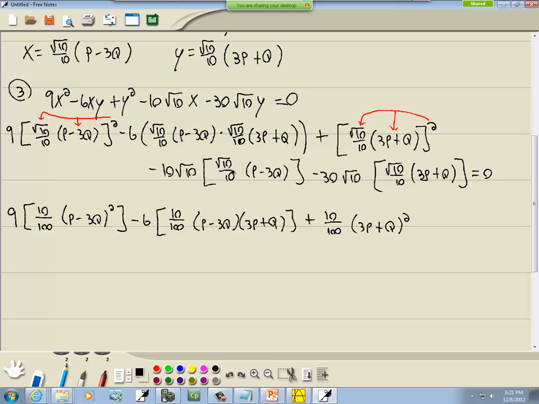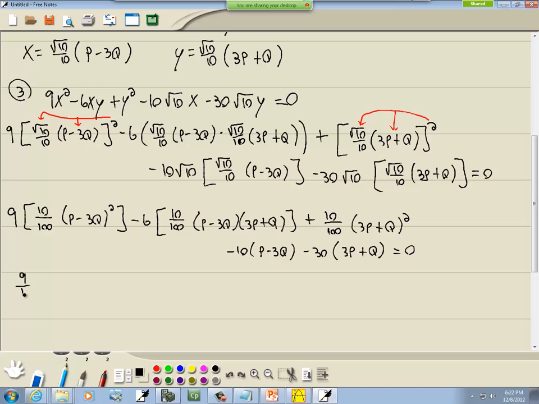Okay. Negative 10, so we got minus 10 times p minus 3q. That's this part right here. Okay, here, square root of 10 times square root of 10 is 10, divided by 10 is 1, so it drops away. So we've got minus 30 times 3p plus q equal to 0. Okay, well, this is 1/10, so that gives me 9/10.